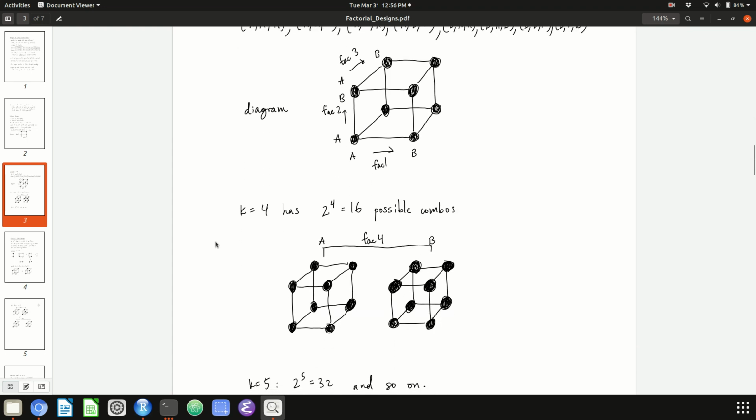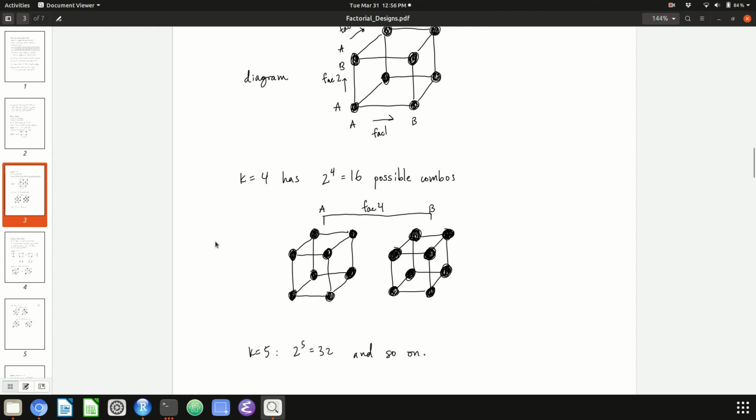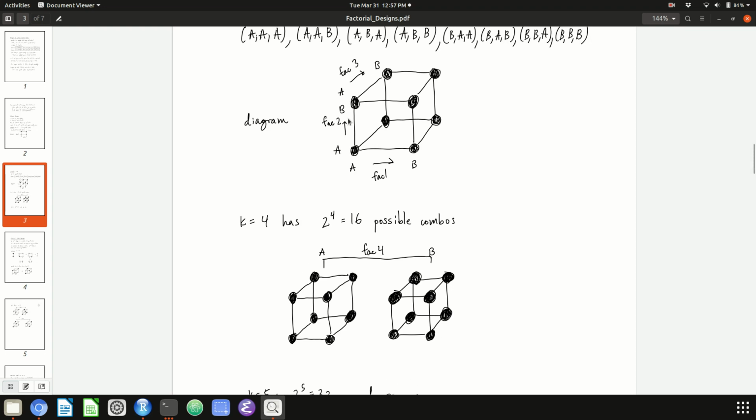Now we start to get into trouble diagramming the 2 to the 4 design because we don't have a 4-dimensional space, but we can kind of fake it here. So all of these runs on the left correspond to factor 4 at its low setting, and all of the runs on the right correspond to factor 4 at its high setting, and then each of the dimensions in each of these corresponds to the same dimensions as in the 2 to the 3 design.